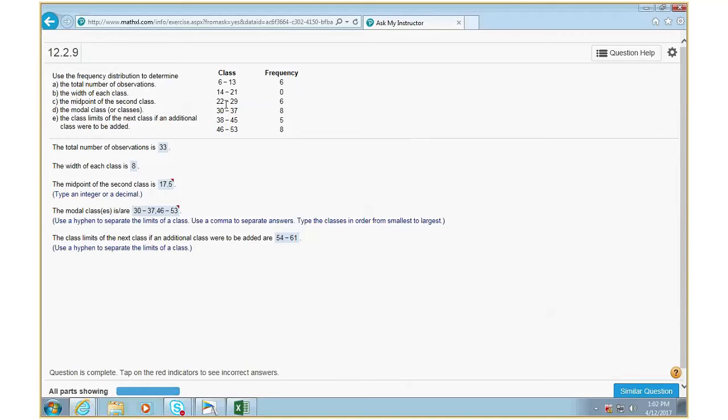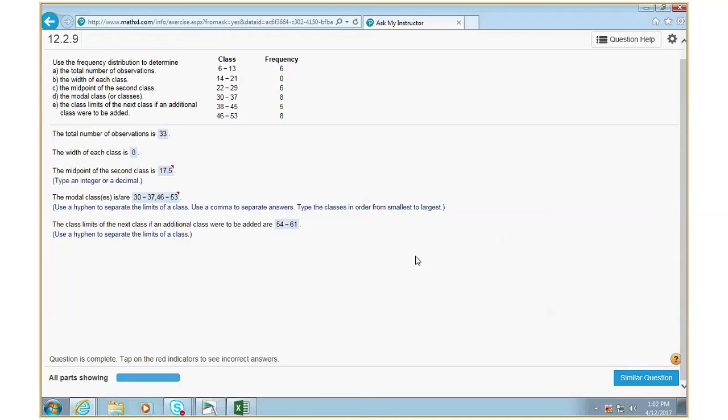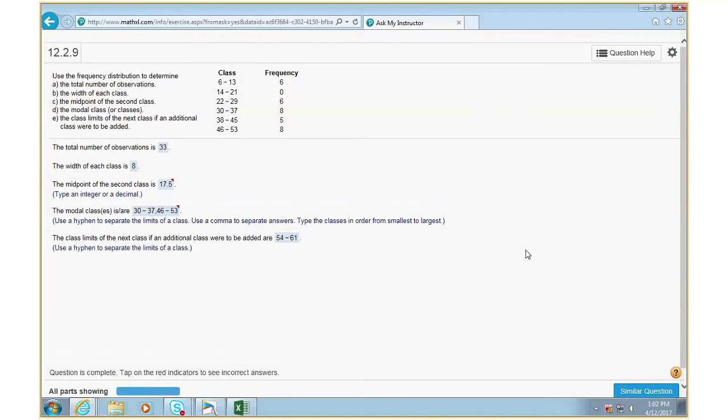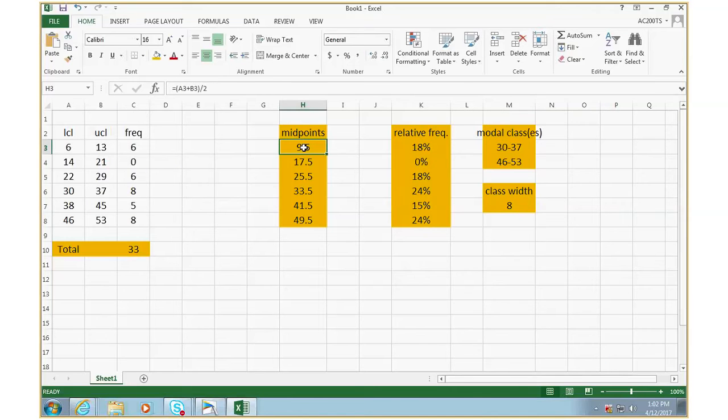It's the lower class limit plus the upper class limit divided by 2. And what I do, I just tell students, just do all of them. If you do the spreadsheet, just do all of them, and that way, whatever it asks you, it'll find.